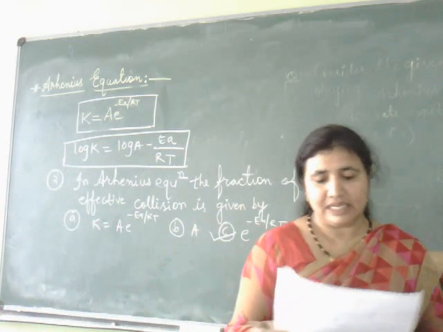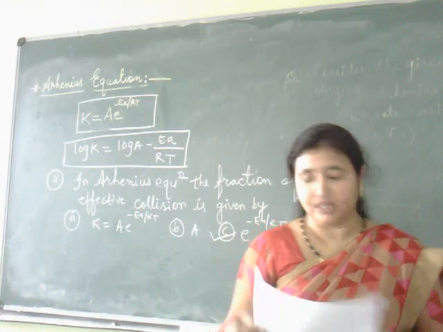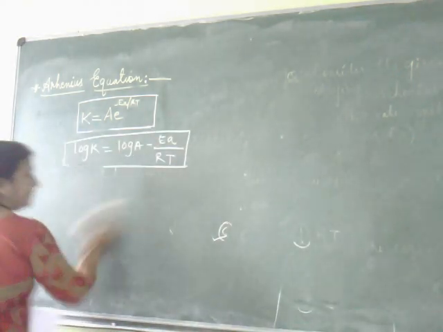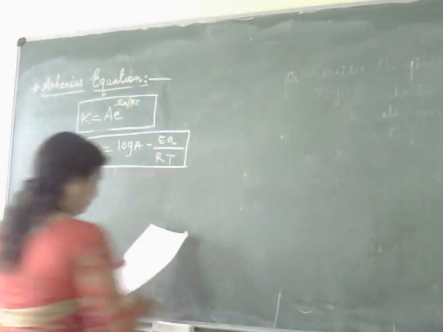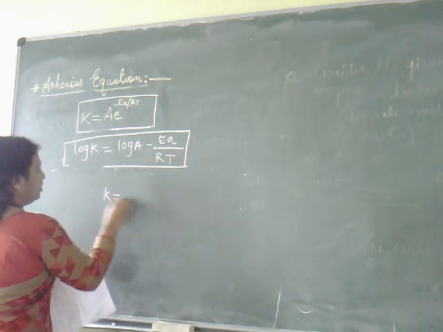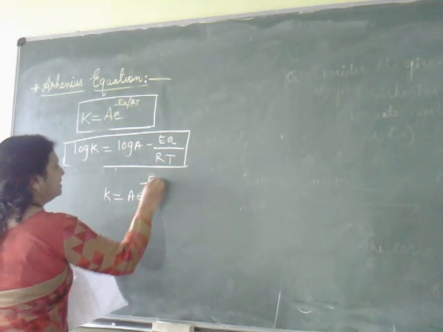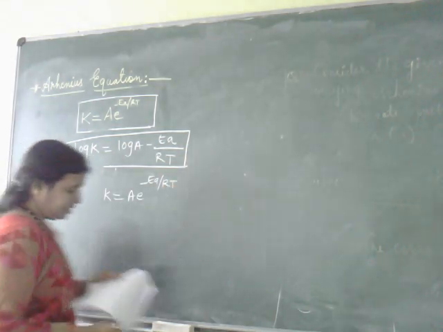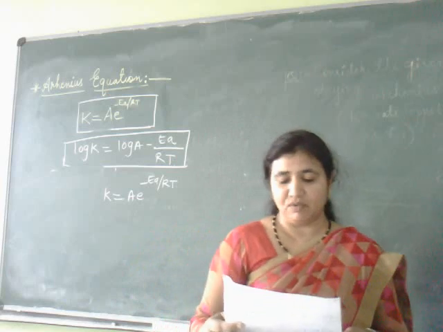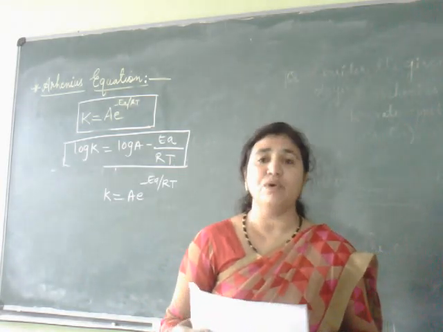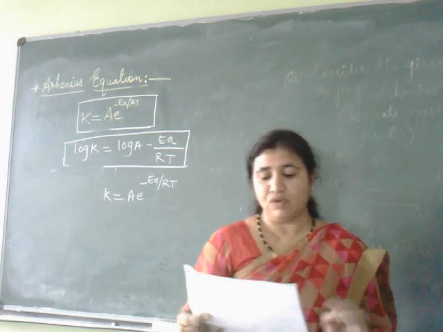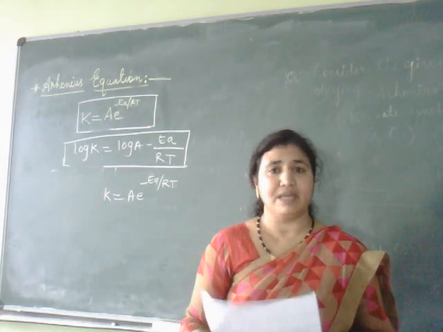Next question. The rate constant is given by the equation k = A e^(-Ea/RT). Which factor should register a decrease for the reaction to proceed more rapidly?